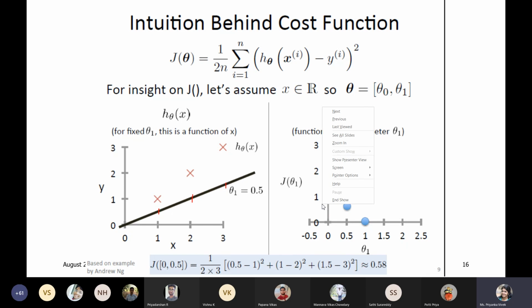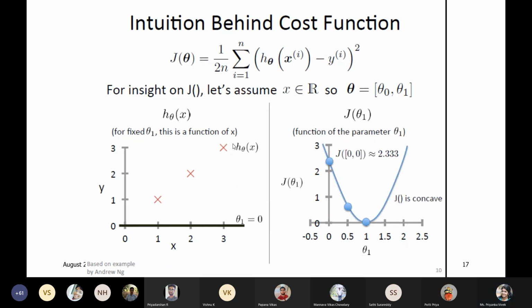Now let us see another value. Here theta 1 is equal to 0. So when theta 1 is equal to 0, what would be the line? The y equal to x line, isn't it? The x line is here. If you can see, there is a dark black line here.